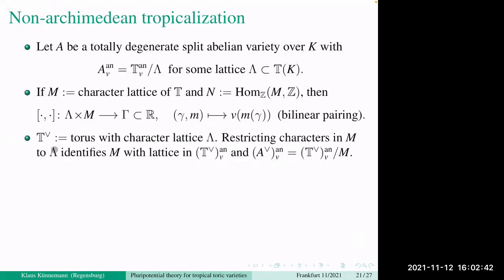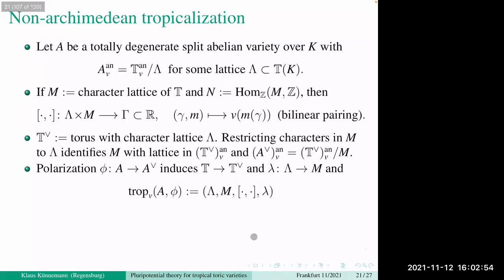You can look at the torus T dual with character lattice Lambda, and then you see that the dual abelian variety can be written as a quotient of this torus by M. Then if you have a polarization of your variety, you get a map of tori, a map of the character lattices, and all of these data together define a tropical abelian variety.